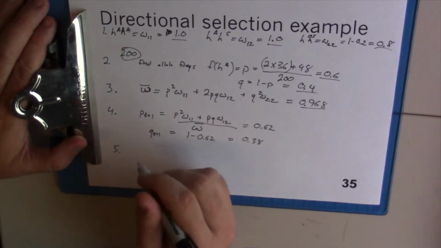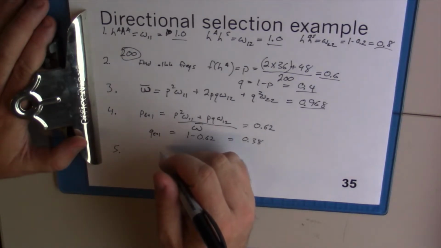Finally, we want to find out the number of individuals that have each genotype in the next generation.